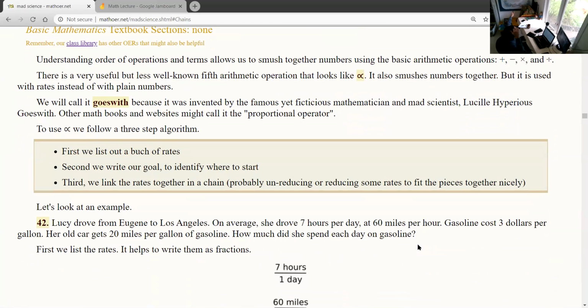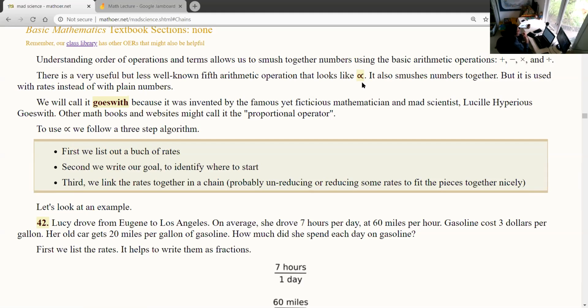Okay, with that big caveat, you know the 4 basic arithmetic operations: plus, minus, times, and divided. There's another one that you may have never seen before. Officially, it's called the proportional operator, but I'm going to call it the goes with operator, because that's what everyone says when they actually do this.